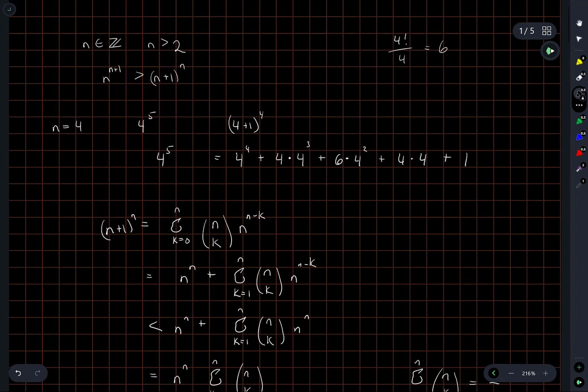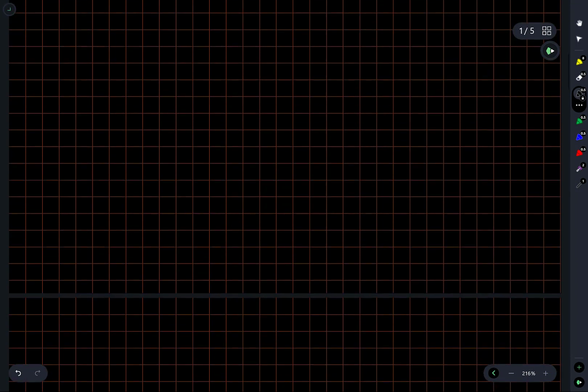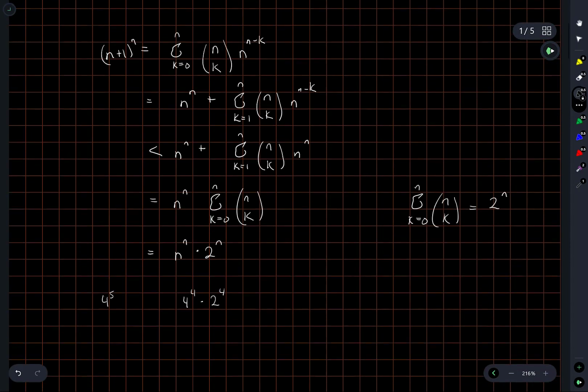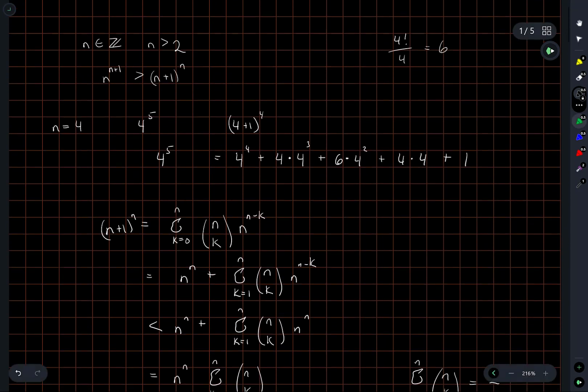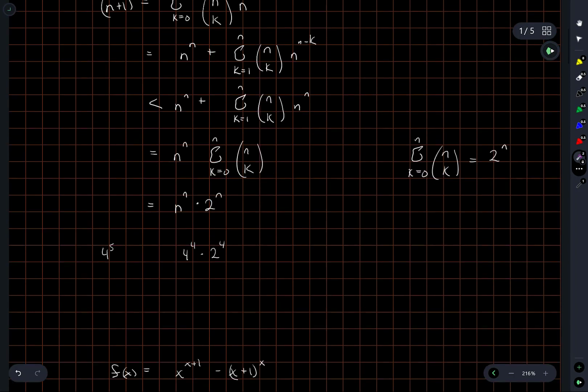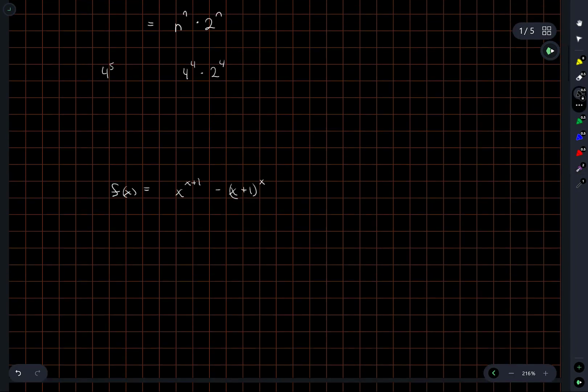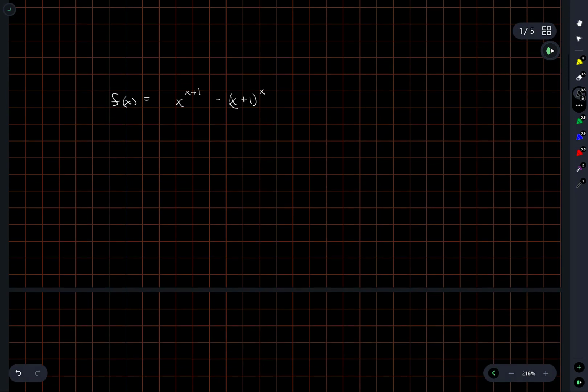I might come back to something like that, but I had another idea as I was going through here. I know that this thing is only defined for integers greater than 2. But I thought about maybe defining a function like this. So I'm basically taking these two terms, putting them on one side of the equation, and showing that maybe it's monotonic.